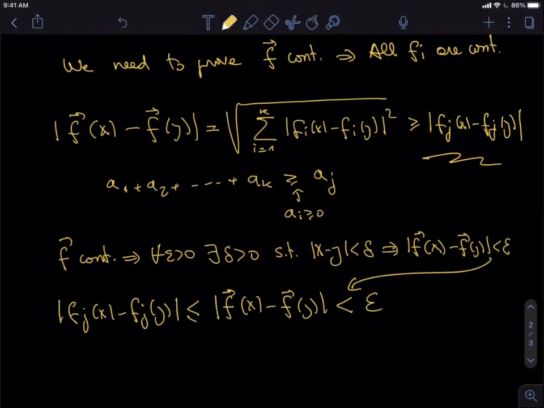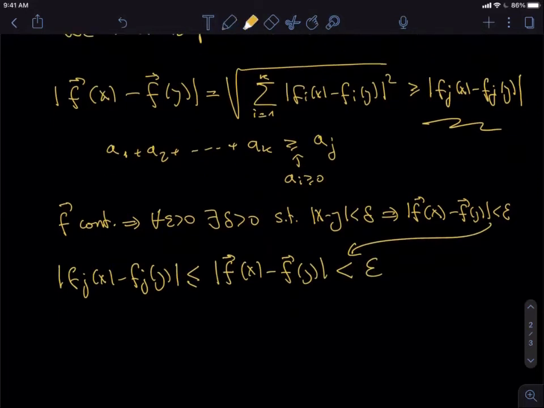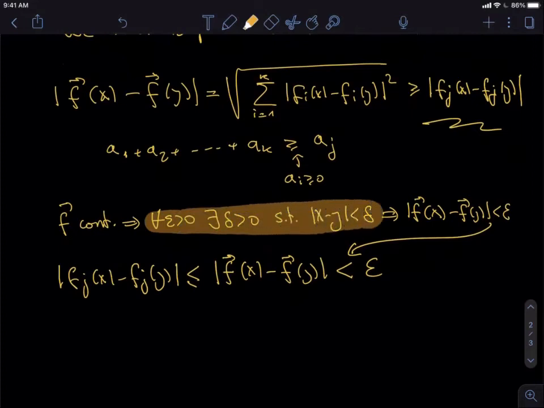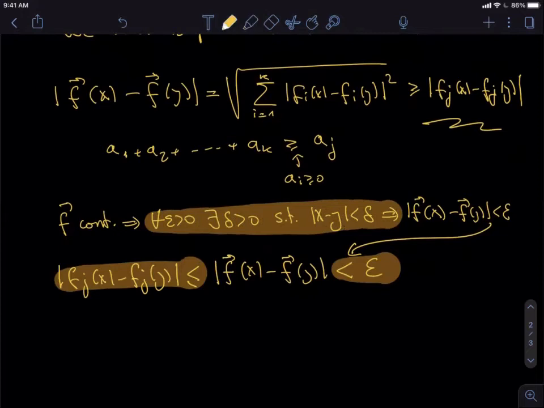So for every epsilon there exists delta such that if the norm of x minus y is less than delta, then |f_j(x) minus f_j(y)| is less than epsilon. And that is the definition of continuity of f_j. And we are done.